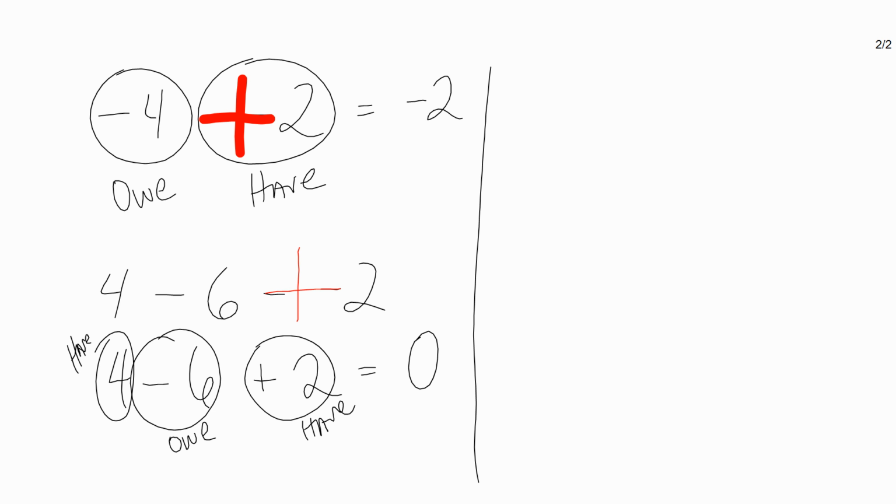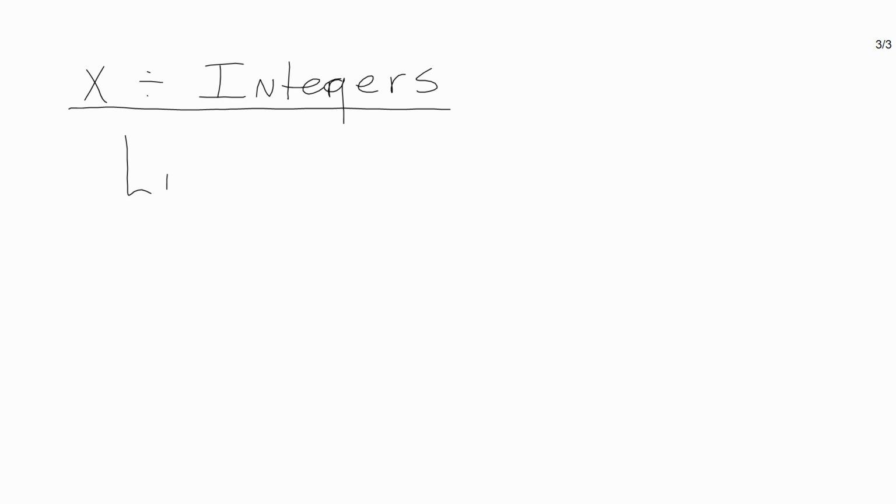Now, what about multiplication and division? Well, that's pretty simple. Why is that simple? Because with multiplication and division of integers, all you have to remember is the 2 rules. Like is what? Positive. Unlike is what? Negative. How do you like that, unlike?